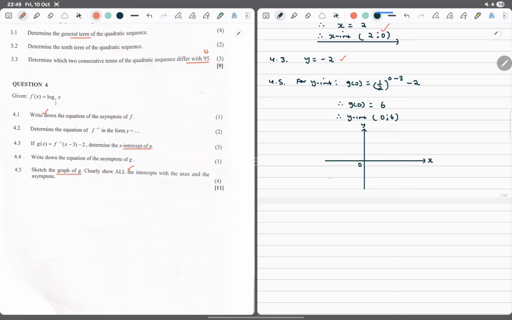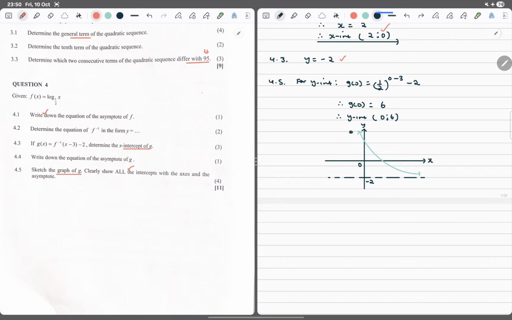Now, if we say this is minus 2, our horizontal asymptote, right, what did we find the x-intercept to be? It is 2. So this graph is doing stuff like this. This is our g function.